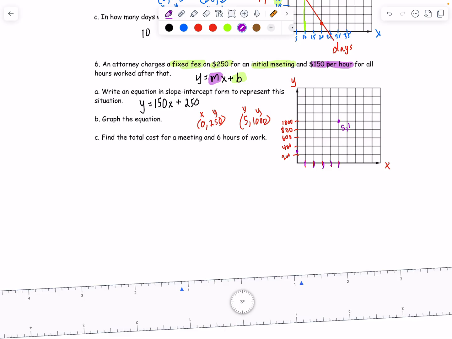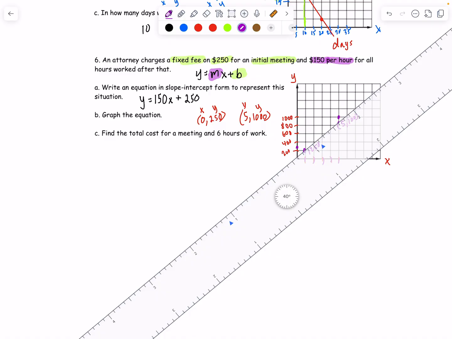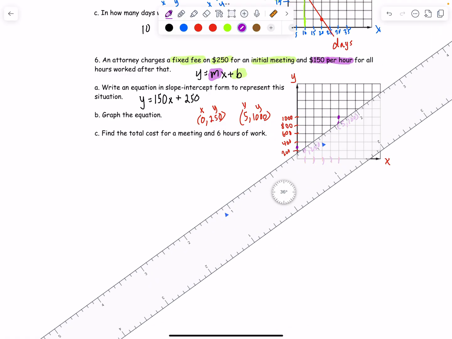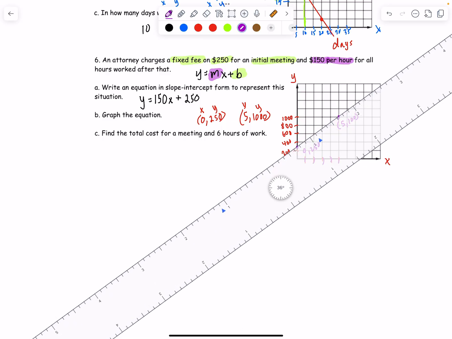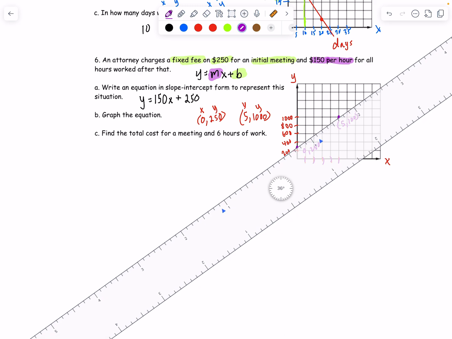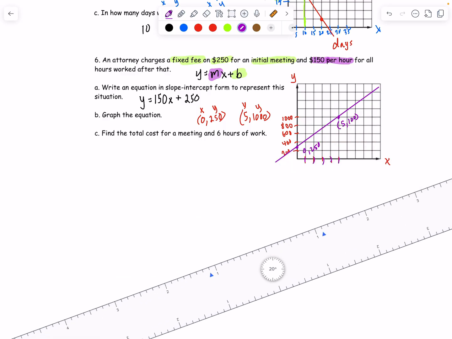So 5, 1,000, and we had 0, 250. And then just like before, we're going to take our straight edge and draw a straight line connecting these two points. And there's our line.